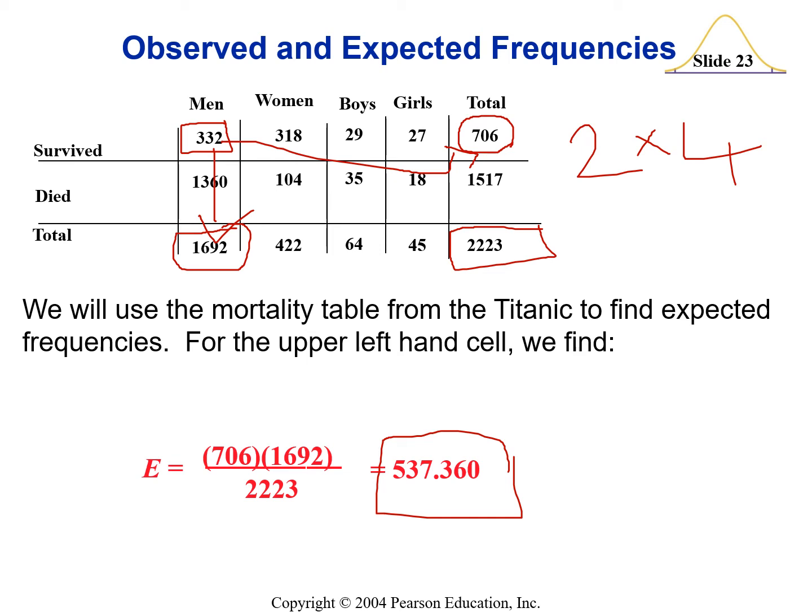Let's say for boys died, for example, the observed is 35. So the expected should be the row total of the cell, which is 1517, times the column total, which is 64, divided by the grand total, which is 2223, and so on.